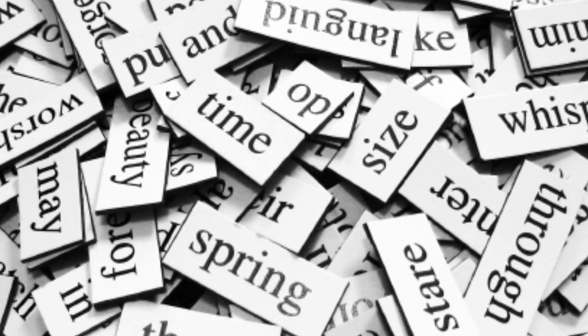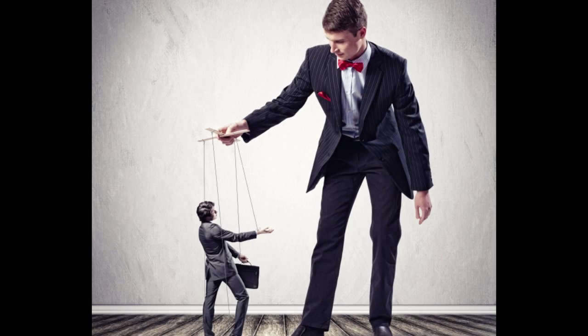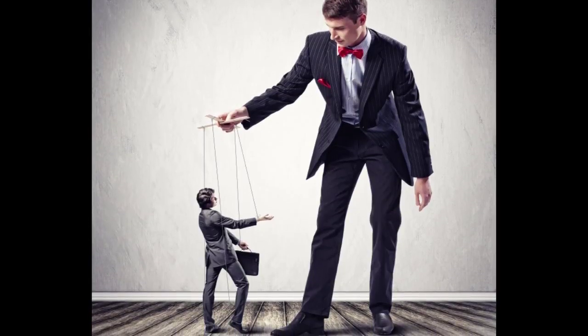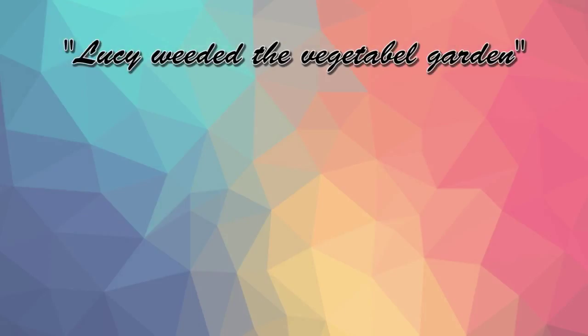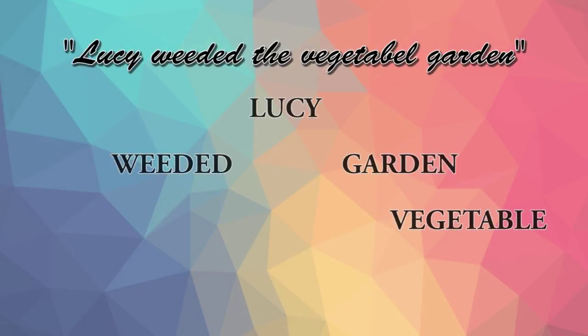These individual propositions are then integrated into a micro-proposition structure, depicting how the propositions connect together through superordinate and subordinate connections. For example, Lucy weeded the vegetable garden becomes Lucy weeded garden vegetable.